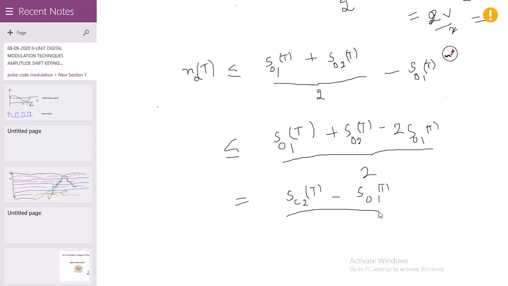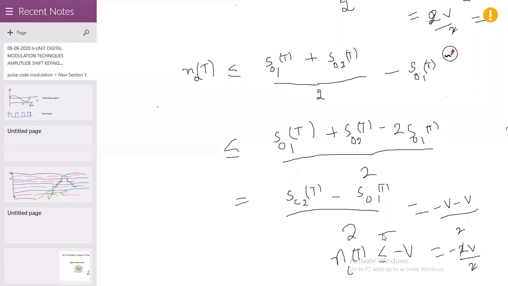So here we can substitute the values: S naught 2 of t is minus V, S naught 1 of t is plus V, divided by 2. That is equal to minus 2 volts by 2, the 2 gets cancelled. Therefore, N naught of t is less than or equal to minus V.